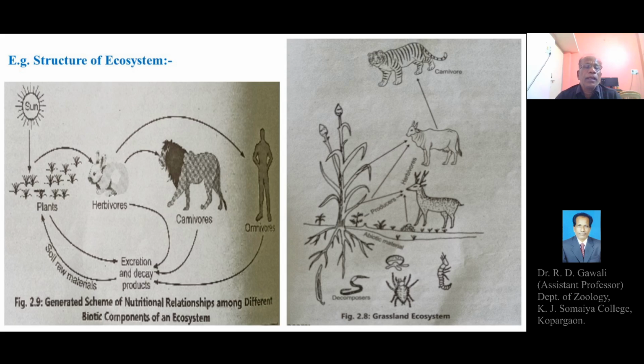Again, in the lower part below, we can see there is excretion, that is the release of waste by either the herbivore, carnivore or omnivore. Whatever the excreta or undigested matter is decomposed, releasing the different components, the abiotic factors, in the soil.